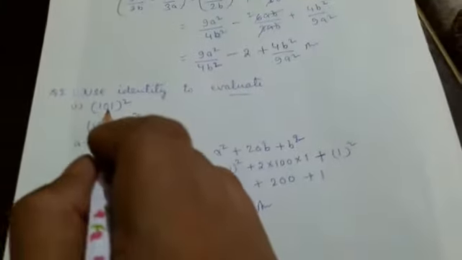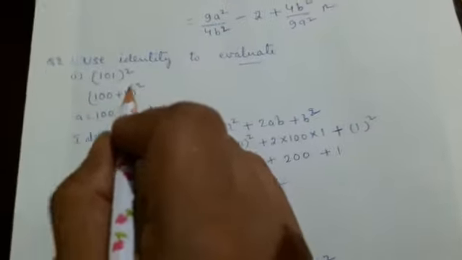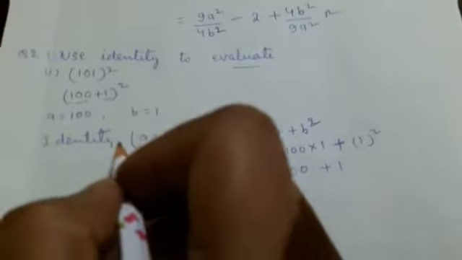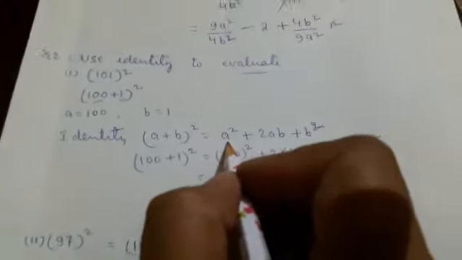Next question is: use identity to evaluate. Question number 2, first part is 101 whole square. We can write 101 like this also, (100 + 1) whole square. So here a will be 100 and b will be 1. We will apply the identity (a + b) whole square equals a square plus 2ab plus b square.